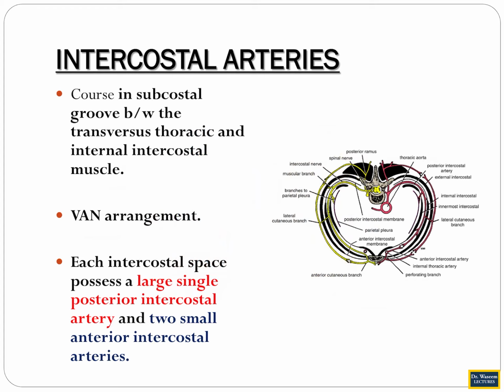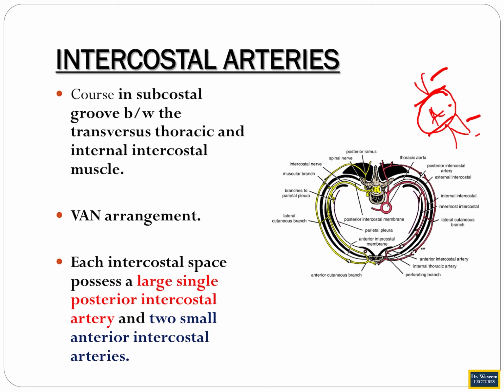The intercostal arteries, as we have already told you, run in the subcostal groove between the transverse thoracic and the internal intercostal. In the VAN pattern, meaning vein, artery, nerve, the artery is in the middle of the vein and the nerve. So the vein runs above the artery and the nerve runs below the artery in the same groove.